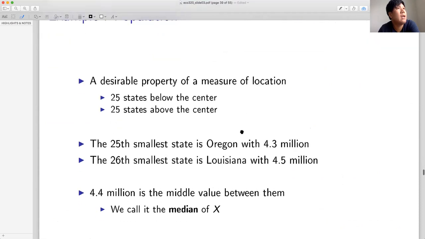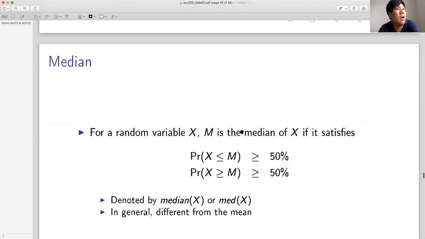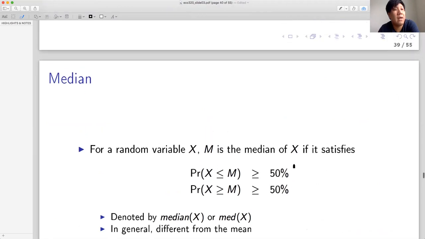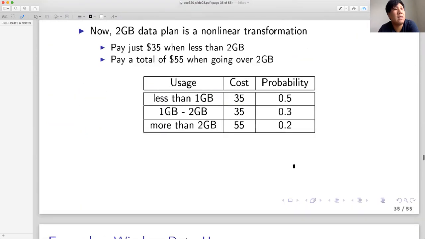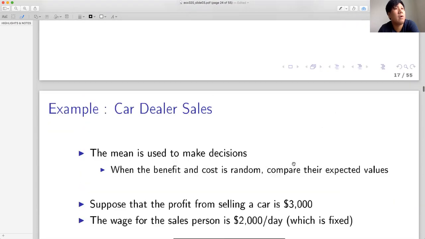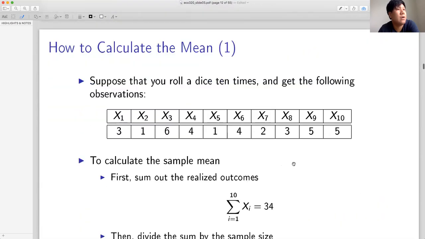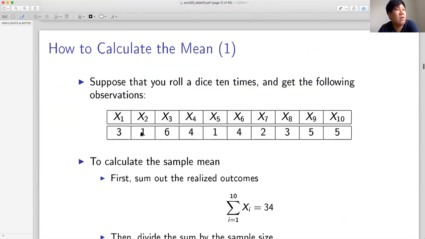So the thing I want to cover is the median. Let's come back to the previous data set, something we covered earlier in this course. Let's say we have this data set.